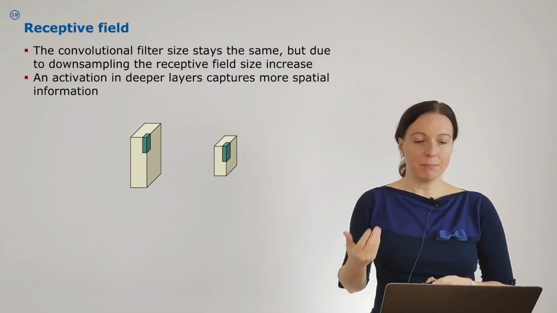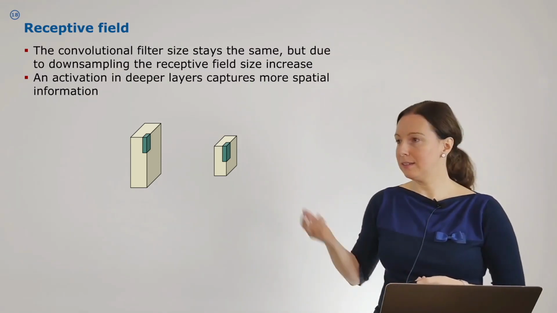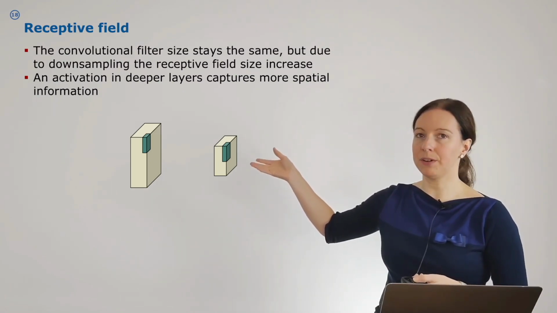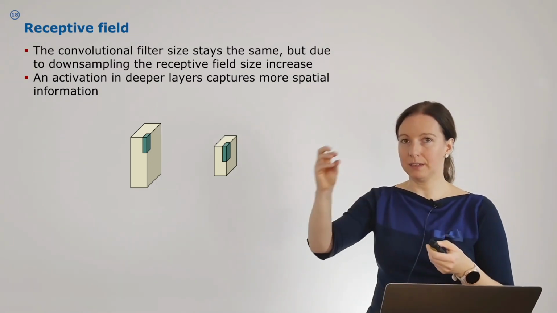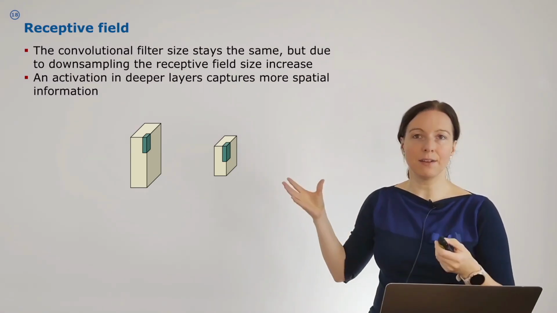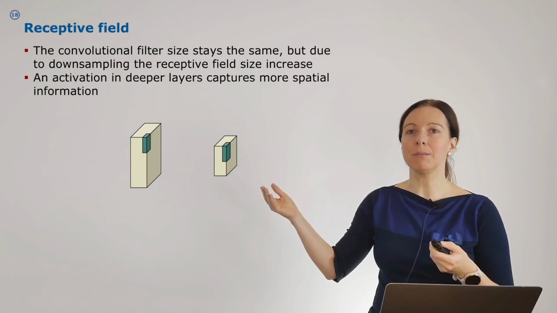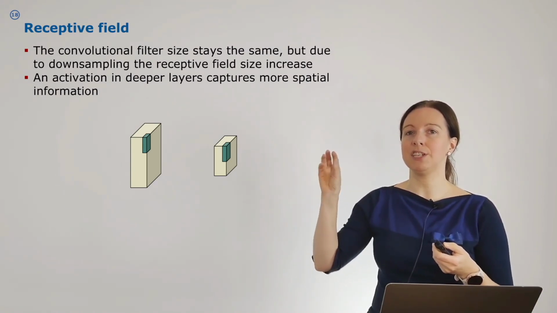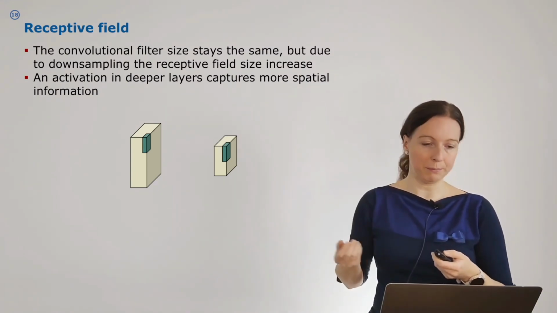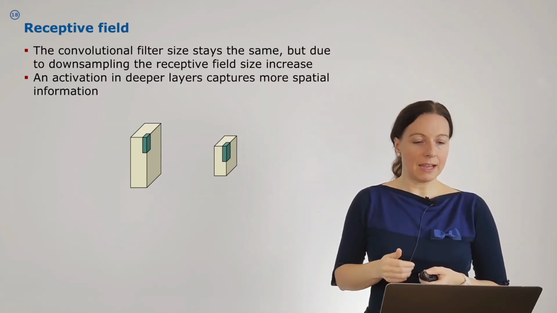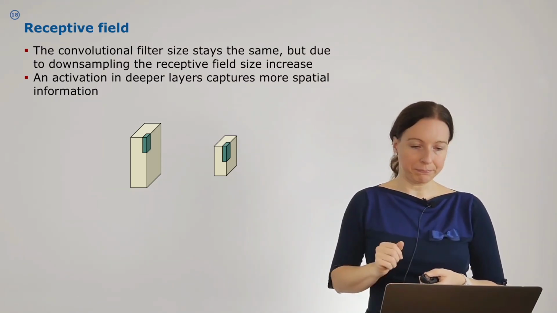So the receptive field size increases, and this can be seen here. Even if the filter is very small, if it's downscaled, it sees a lot of the image, or not immediately from the image, but from the activation maps which were extracted from the image. And so the activations in deeper layers capture more spatial information.